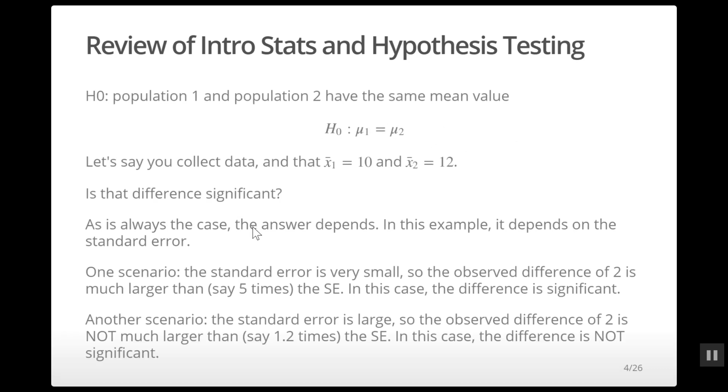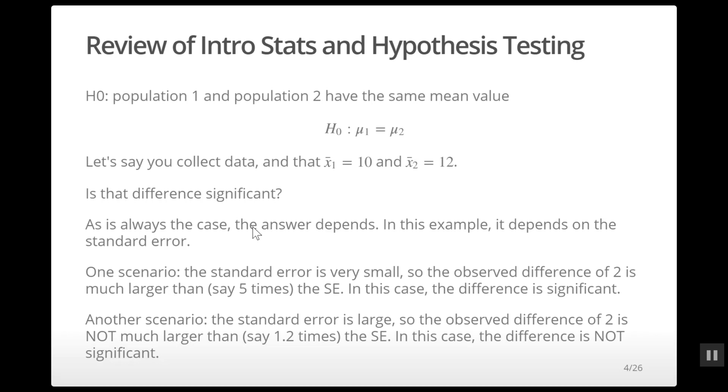Okay, so for example, we might have a hypothesis test where we are comparing two means, population 1 and population 2, and the null hypothesis is that their mean is the same. Maybe you have lambs from farm 1 and lambs from farm 2, and I'm making this up, right?